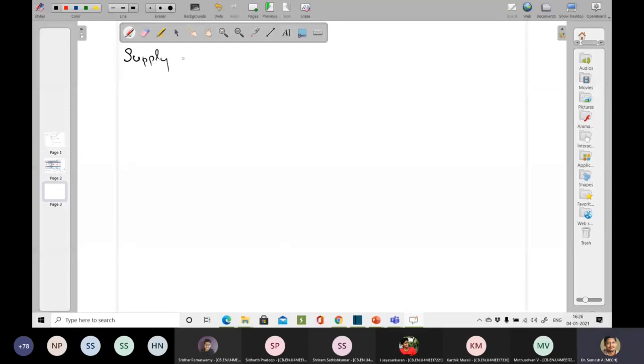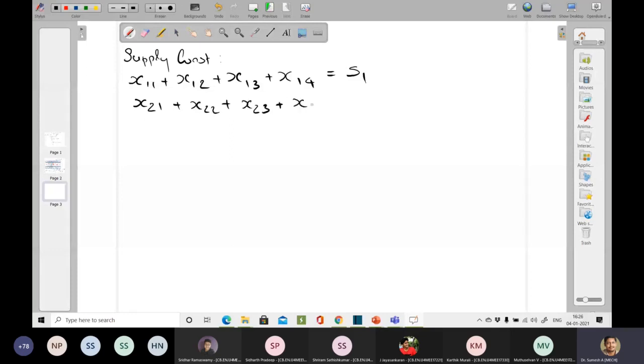So supply constraints will be x11 plus x12 plus x13 plus x14 should be equal to S1. Similarly, x21 plus x22 plus x23 plus x24 equals S2. Similarly, x31 plus x32 plus x33 plus x34 equals S3.